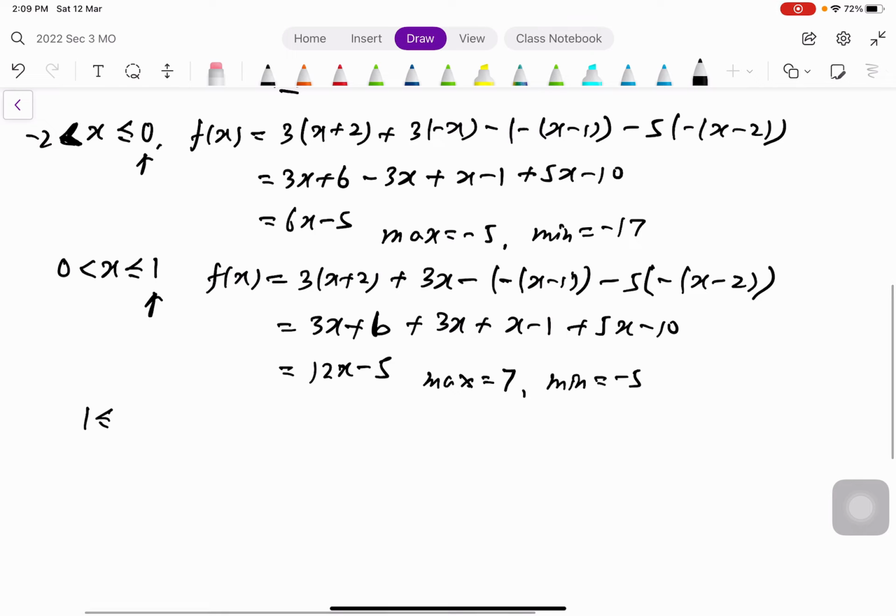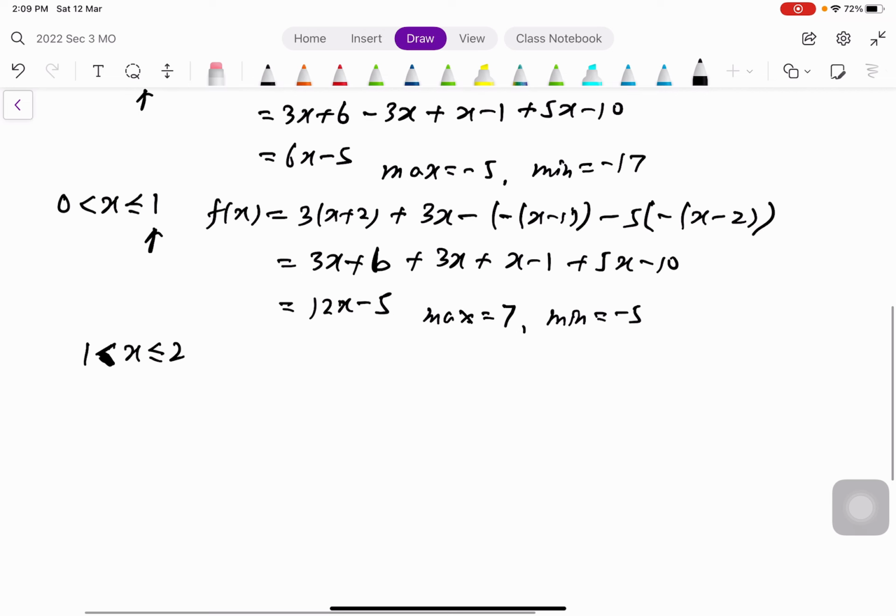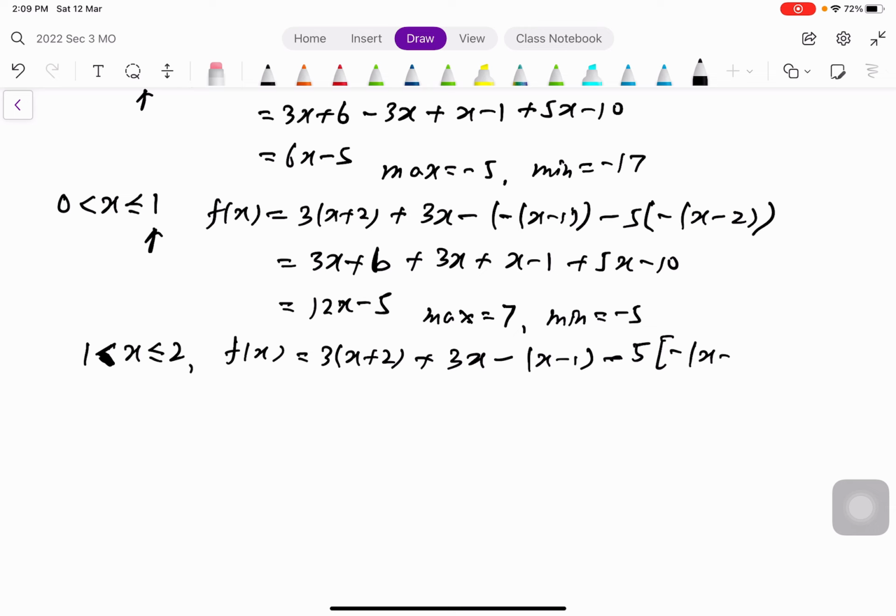Then now we look at the second last interval. x is greater than 1 and less than or equal to 2. In this case, f(x) will be equal to 3 times x plus 2, plus 3x, and then minus x minus 1, and then minus 5 times negative of x minus 2.